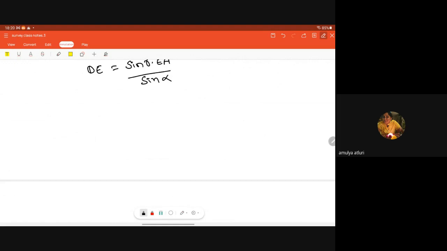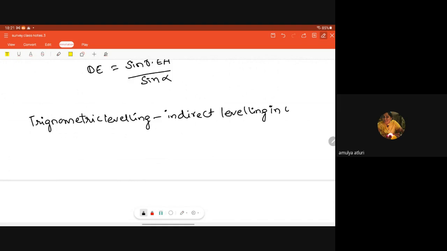It is an indirect leveling in which heights and distances can be calculated by measuring vertical angle.